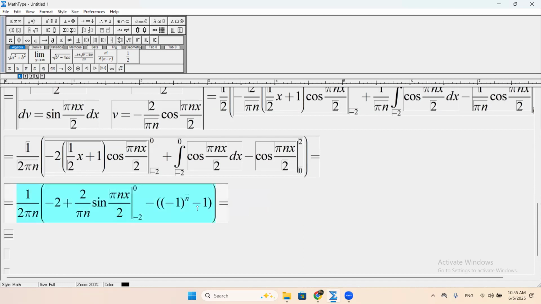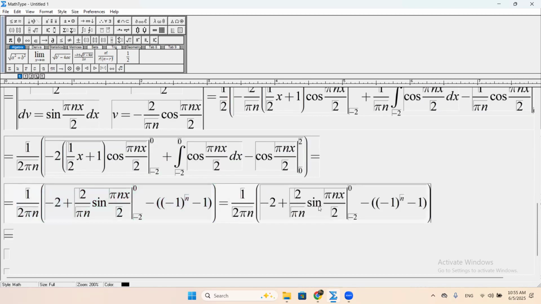Now let's rewrite it a little bit. Now expanding these brackets.